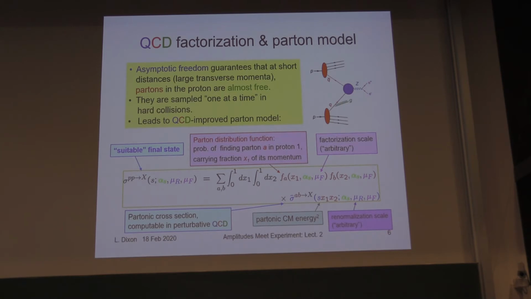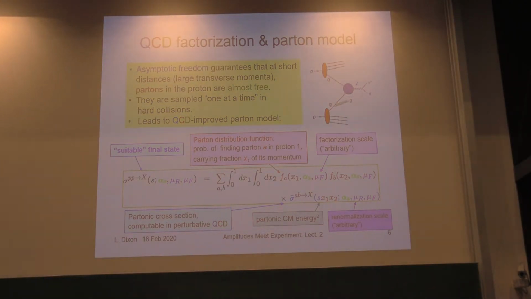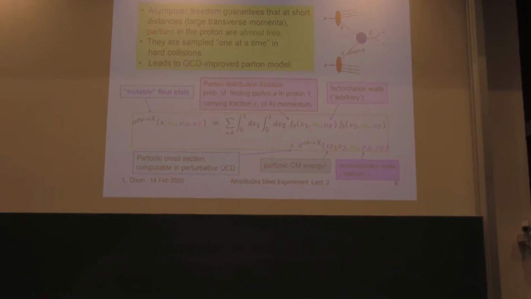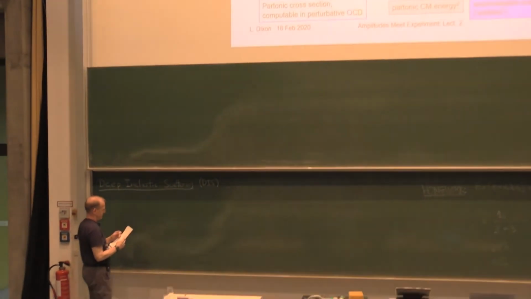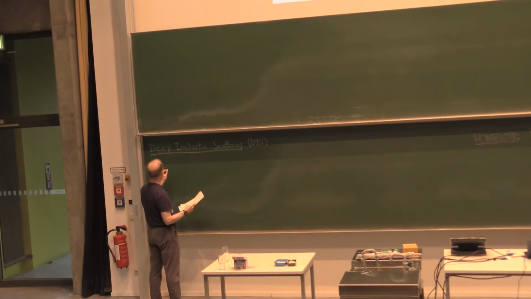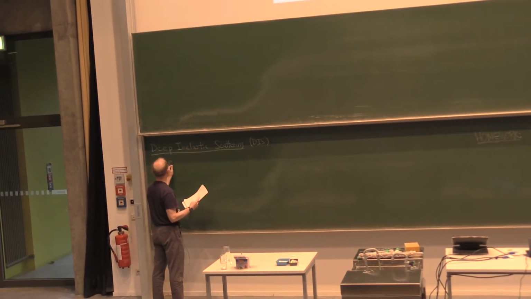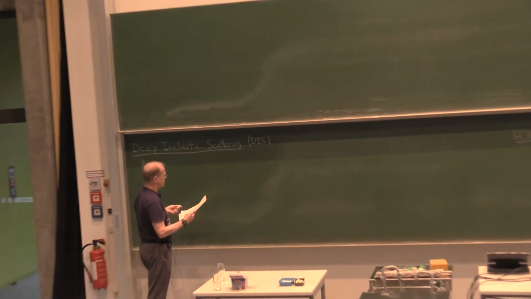Now, this was originally based on some empirical pictures, but they were developed first in deep inelastic scattering. So I want to just discuss deep inelastic scattering a little bit. Deep inelastic scattering is electron or lepton-proton collisions. So we could have a lepton being either an electron or a muon.